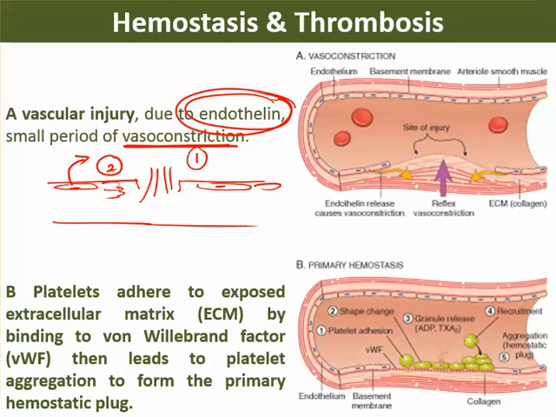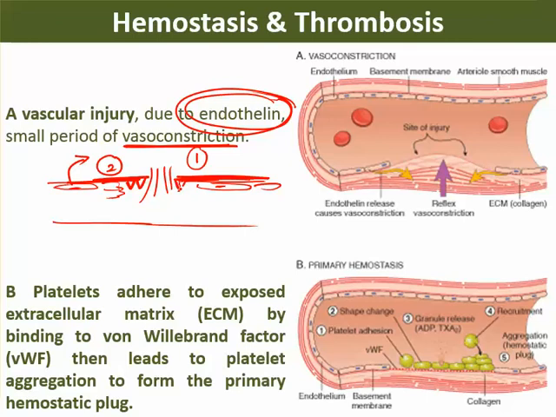So the third step is, when the bleeding is happening, when the blood vessel is cut, you all know the endothelium sits on the basement membrane. Now the basement membrane is exposed, right? The basement membrane has some gum-like, sticking substance.